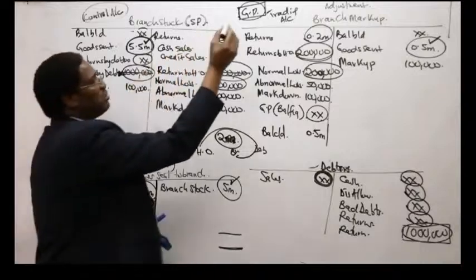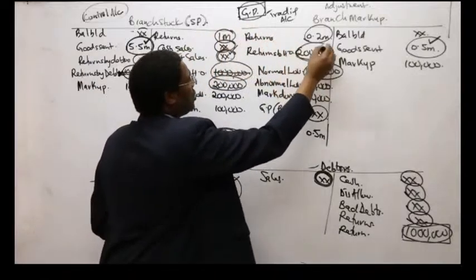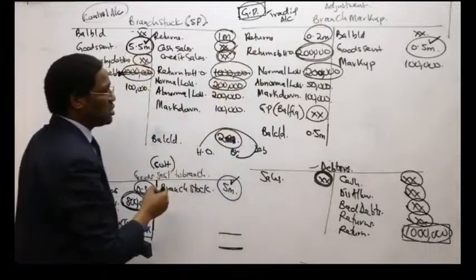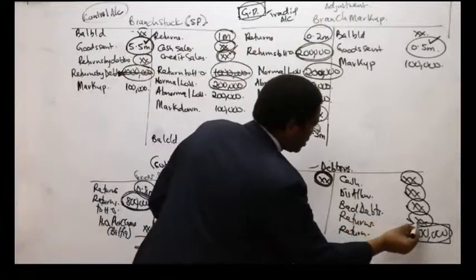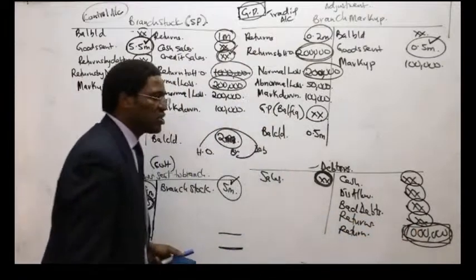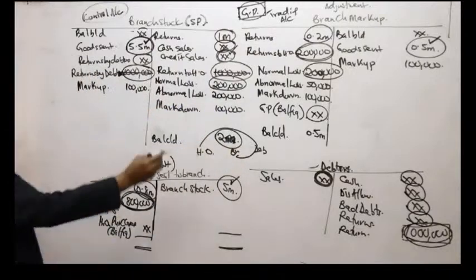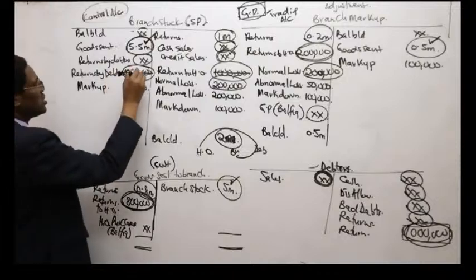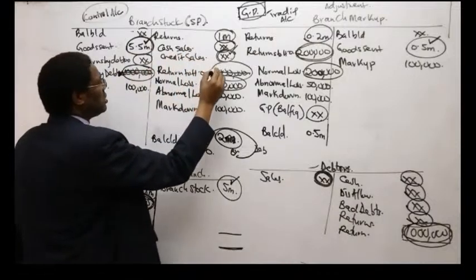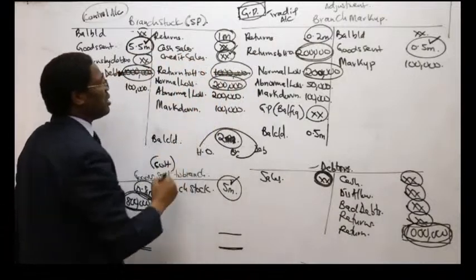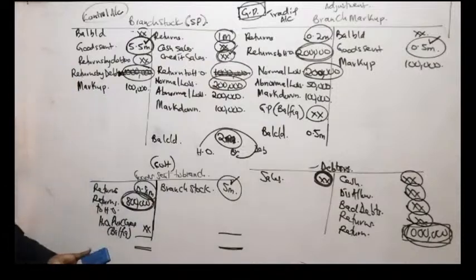We said you debit branch markup with the profit loading, and we said you credit debtors at selling price. Don't forget, we say when a debtor returns goods direct to the head office, you can avoid going through this account. You remember, we said if you go through this account, you will debit the same amount, you will credit the same amount, and we said it has no effect on the overall entry.